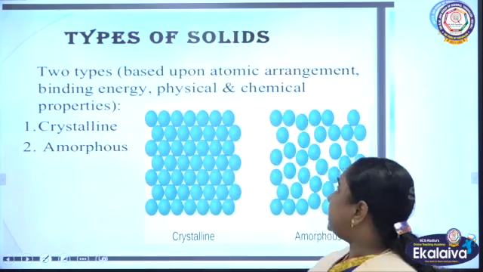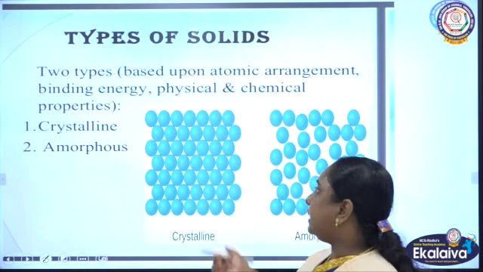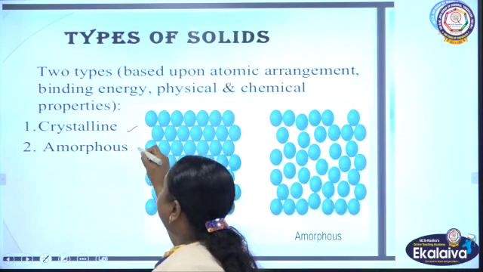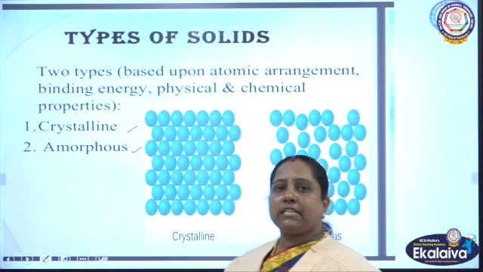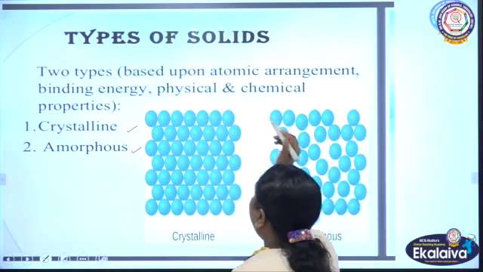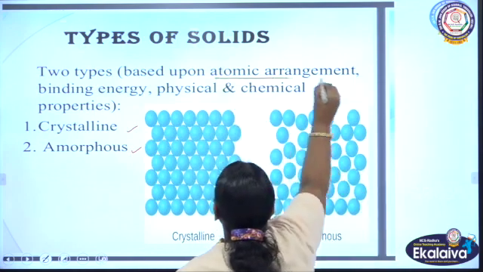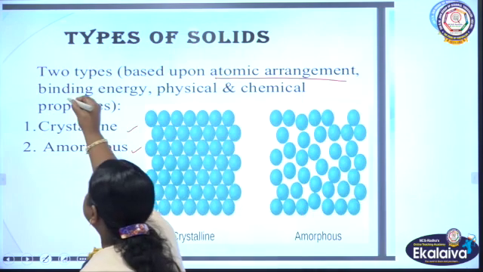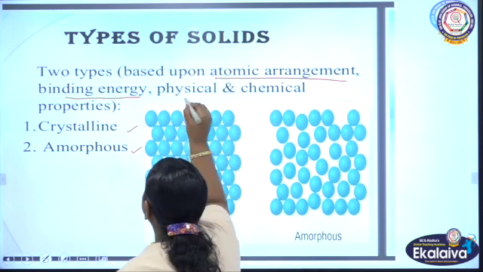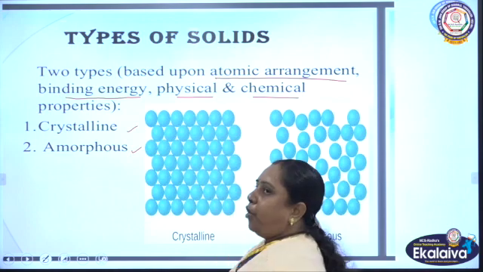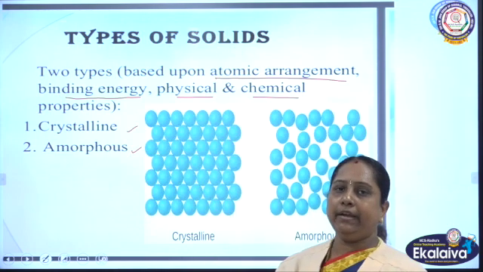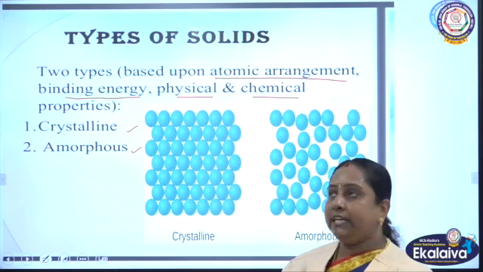Next, the two main types of solids we have are crystalline and amorphous solids, and these solids are categorized based on the arrangement of the atomic particles present in them, binding energy, and physical and chemical properties. So how can we categorize the solids?